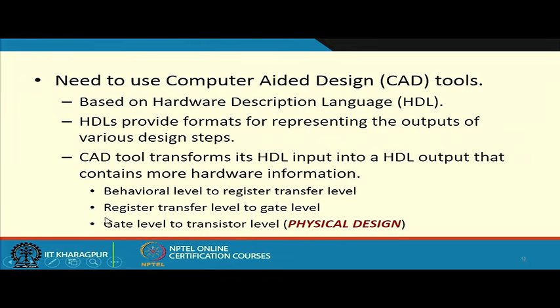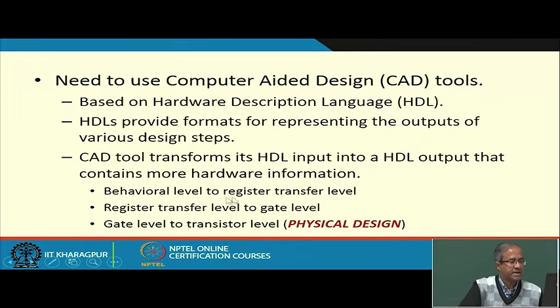In the next step you can translate this RTL specification to gate level specification, where you translate everything into basic logic gates and flip flops. And in the last step, this gate level specification might get translated to the final transistor level specification, which is sometimes called physical design.